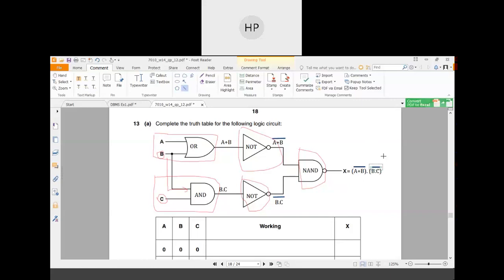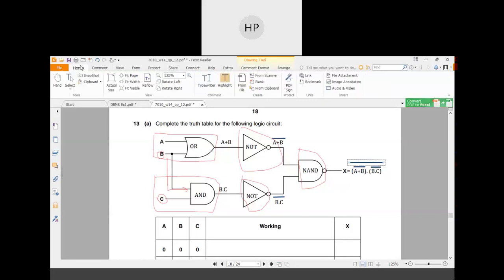But NAND is also an inversion, right? So both of these are inverted together like this. This is the final output of this circuit diagram.